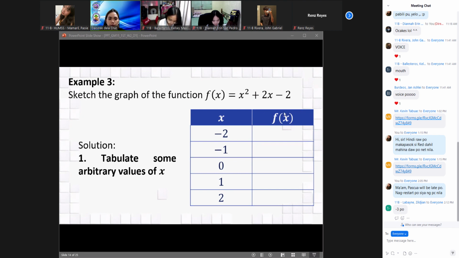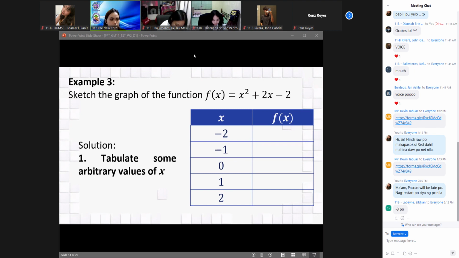Again, para po makomplete or mahanap natin yung value ng f of x or ng y, kailangan lahat ng numbers na nandito, ipapalit nyo lang dito sa function. And then, isi-simplify lang. Okay, sige. Let's check if yung answer nila Vine and ni Kelsey is correct.